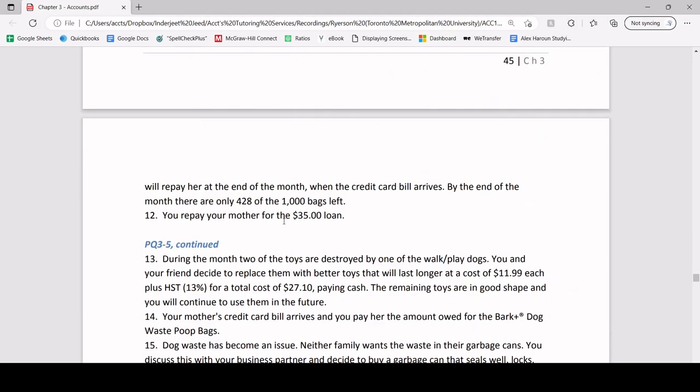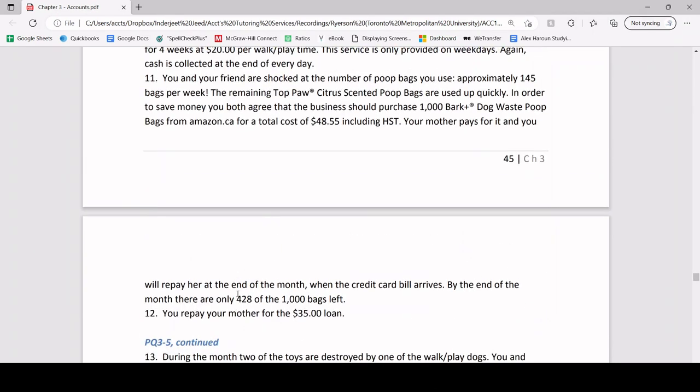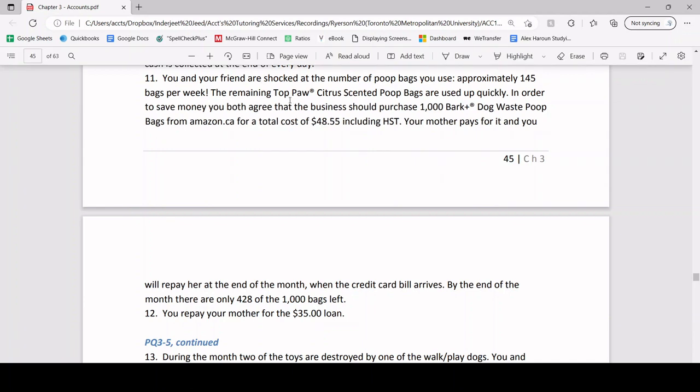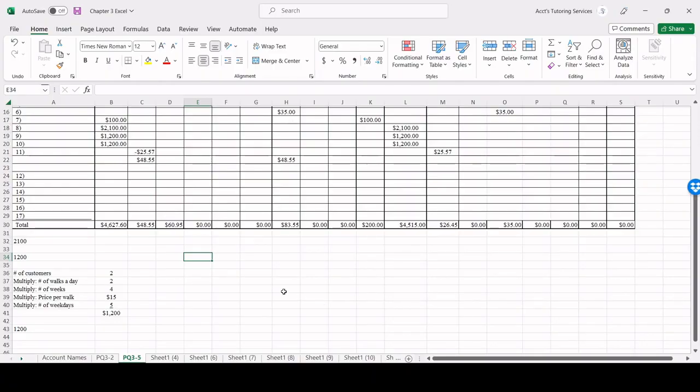Now they're saying that out of the 1,000 bags that we bought, only 428 are remaining. Okay, so what we're going to do is we're going to take the 48.55 divided by 1,000 to arrive at the cost per bag. So 48.55 divided by 1,000 equals 0.04855.